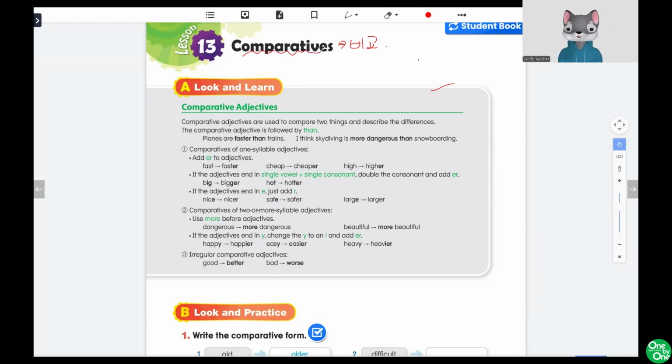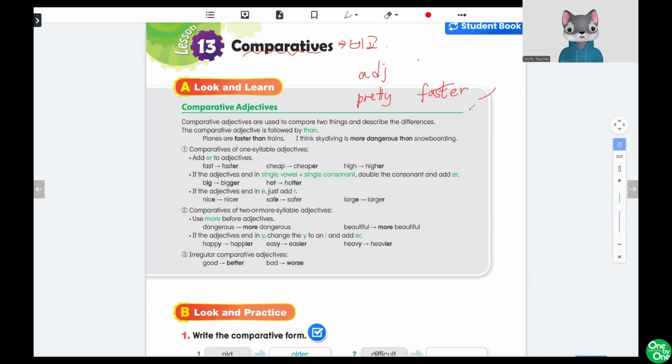Now, the comparatives is usually used with an adjective. Now, an adjective, for example, if we have the word adjective pretty, okay? Or if we have the adjective fast, at the end of the word, because it's a comparative, we always need to use an ER, okay?